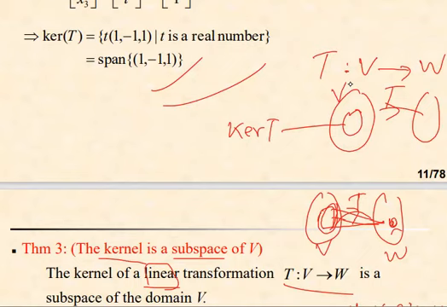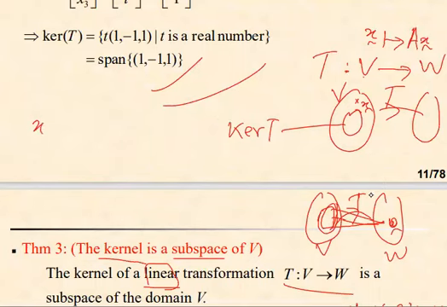What does it mean? If you write this transformation in matrix form, A times X, where X is an element, a vector, in V. What does kernel mean?